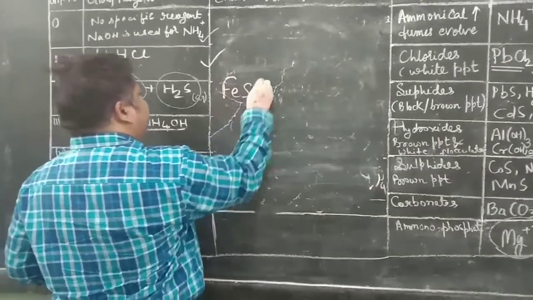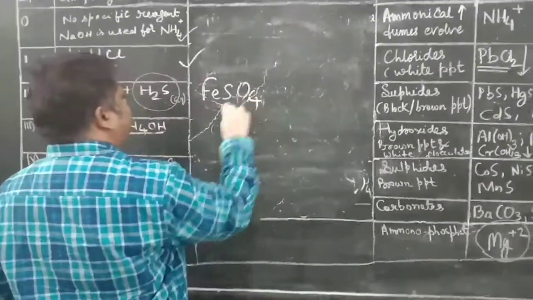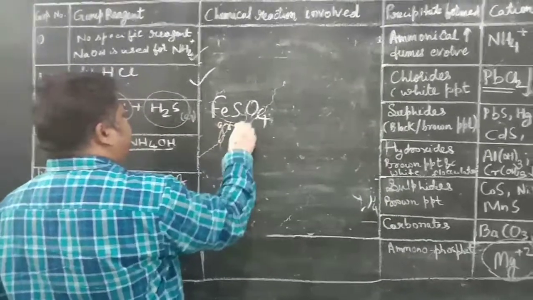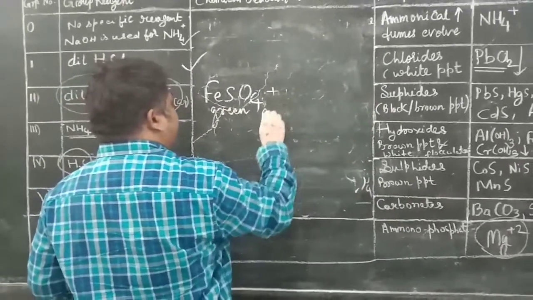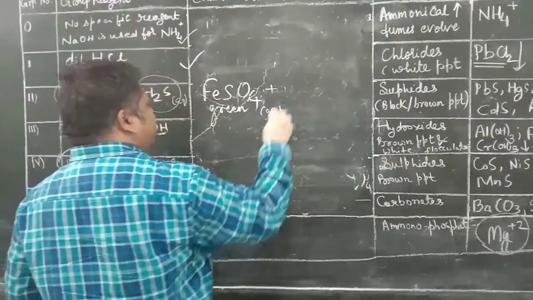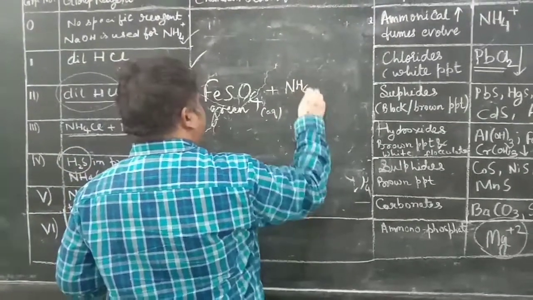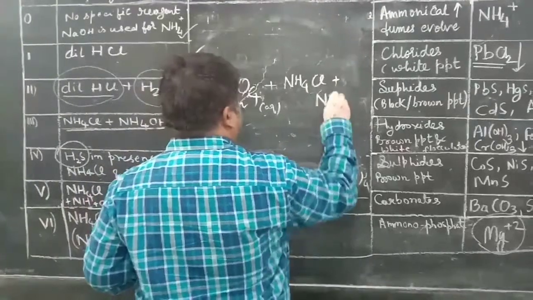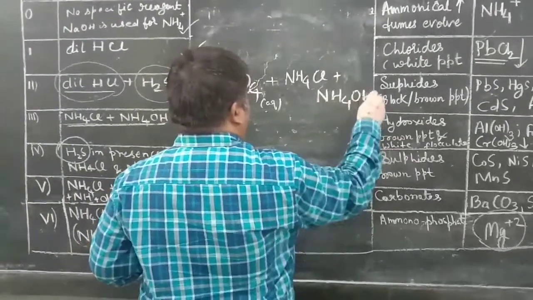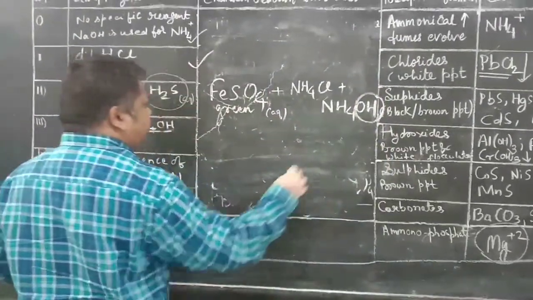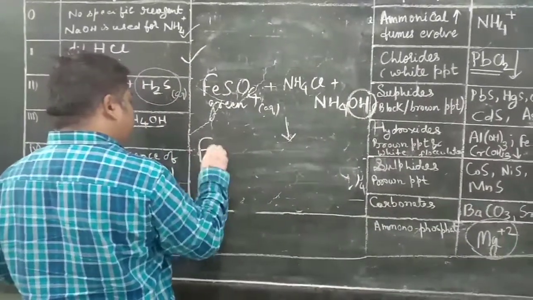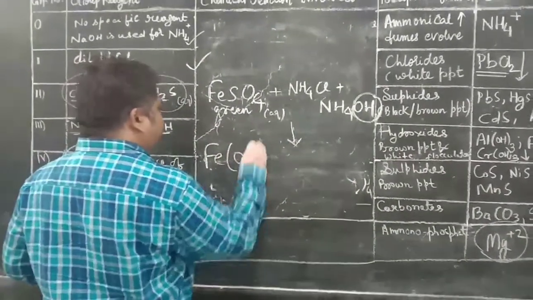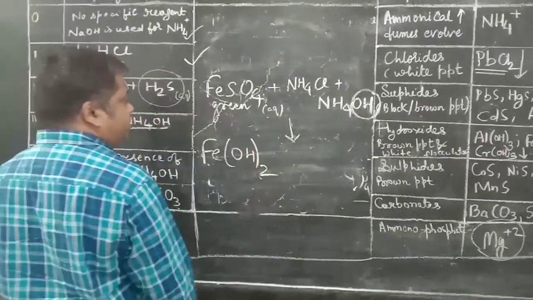I have taken ferrous sulfate solution. This was green in color, aqueous, diluted. Then I put ammonium chloride and ammonium hydroxide. This hydroxide ion converted Fe to Fe(OH)2.